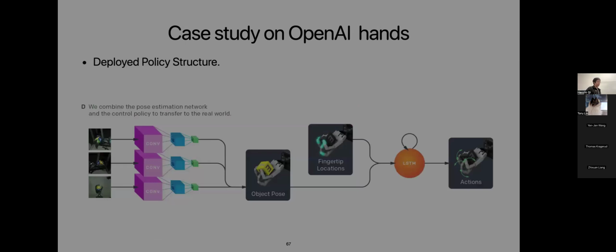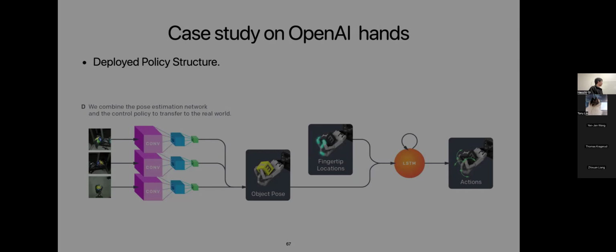In the final deployment of their robot policy, they first have a state estimator from images, and the images are merged to become an object pose. This is important because when the policy is trained in simulation, it only receives the object's pose, fingertip positions, and other states that are physically meaningful.